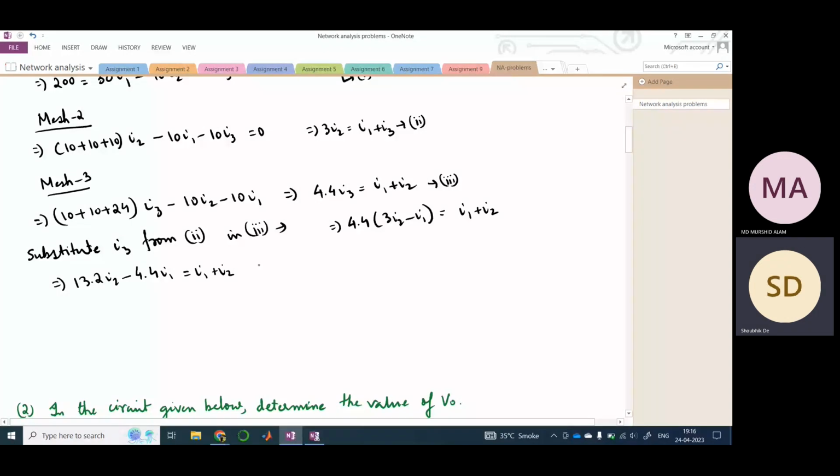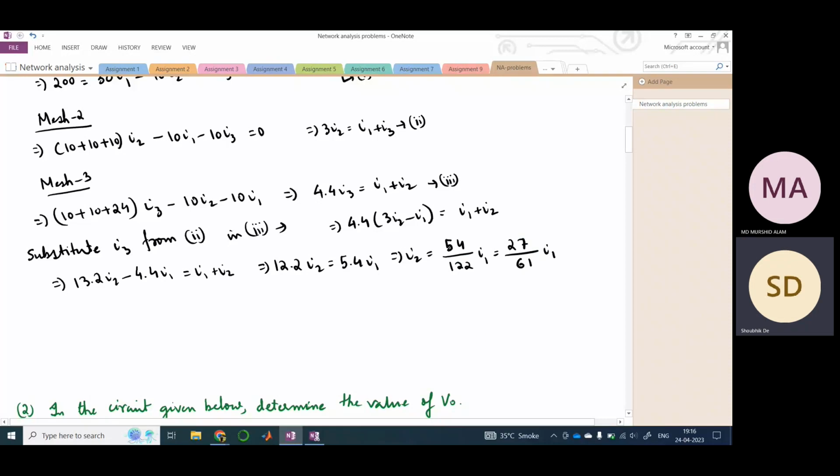Now just take the things to the respective sides. So this would be 5.4 I1, so this would be 54 by 122 I1, right? So basically if we cancel, simplify, it would be 27 by 61 I1, right?